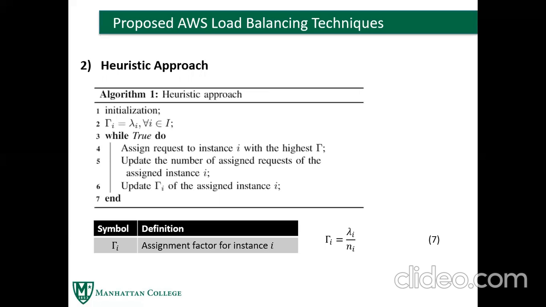So the main idea here is each time the load balancer receives a request, it will assign it to the instance with the highest assignment factor, and then it updates it for that instance and continues the same thing in the next iteration until all the requests are processed.